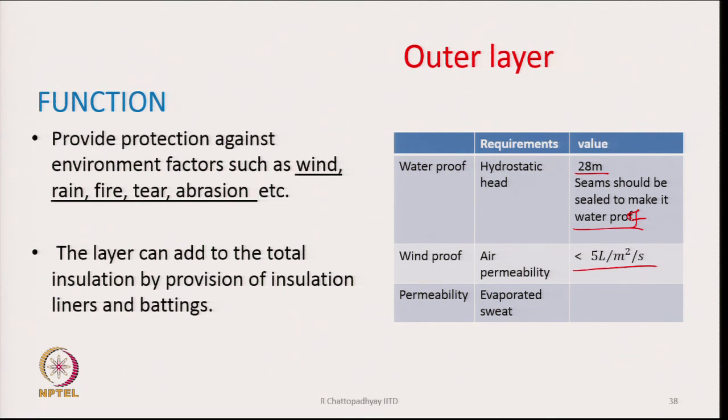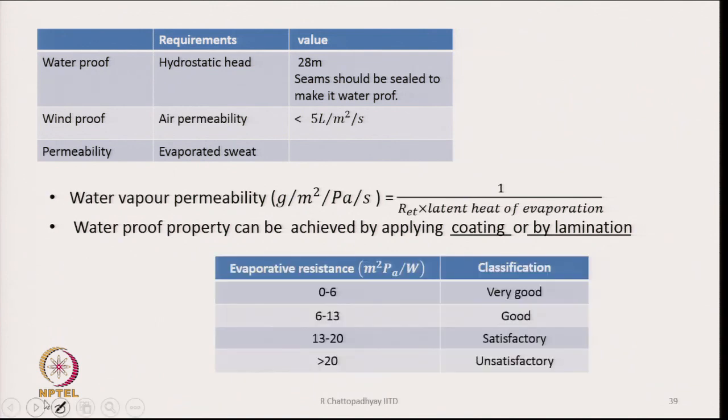Permeability should be there, so that the requirement is evaporated sweat should be able to escape. Water vapor permeability is, the formula is given here, 1 by RET into latent heat of evaporation, and I think we have discussed these issues earlier in our lectures.